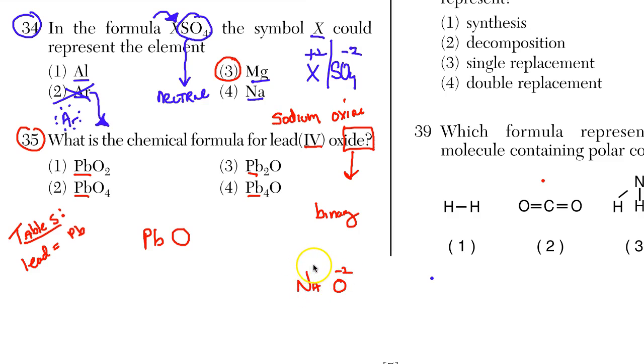Sodium, if you look at the charge it likes to become in the reference table, upper right-hand corner, we just saw that for 34, is +1. So if you want to do the crisscross, you could, or just understand you need 2 of these for 1 oxygen, right? 2 plus 1s would give me +2 overall for the positive, for the 1 negative. So that'd be easy. Why do I need to have this 4 here?